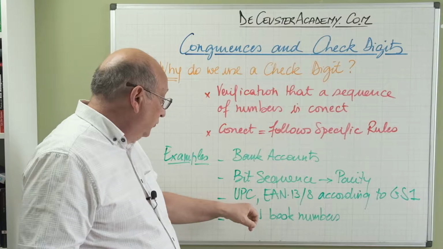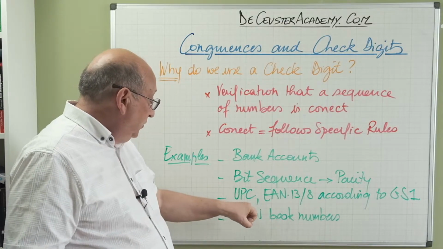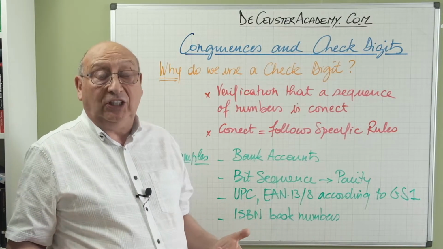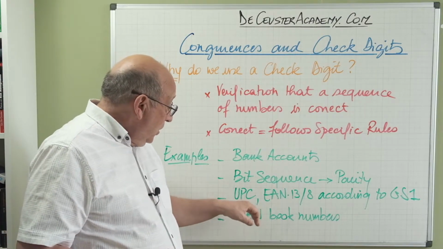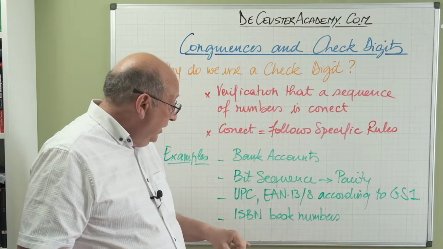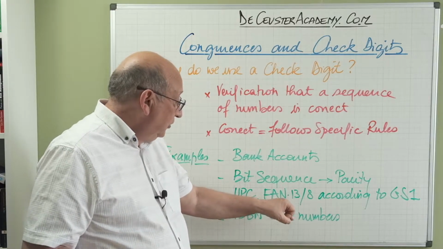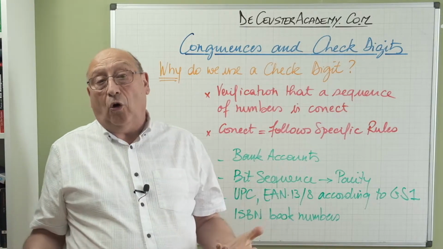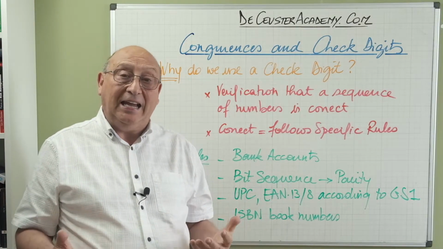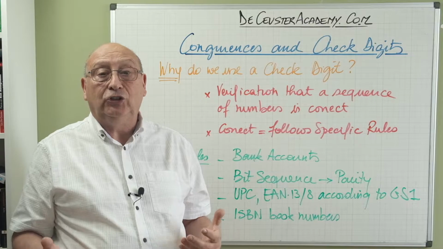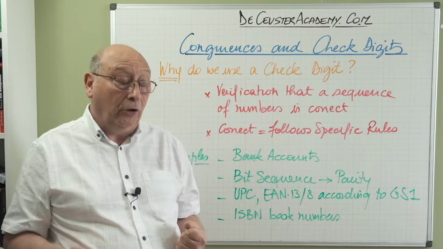We have the Universal Product Code, which is a 12 digit, let's say 12 number code. We also have the EAN, which is the European Article Number, 13 or 8. EAN 13 contains 13 numbers, EAN 8 is a reduced version that can be used on smaller products.